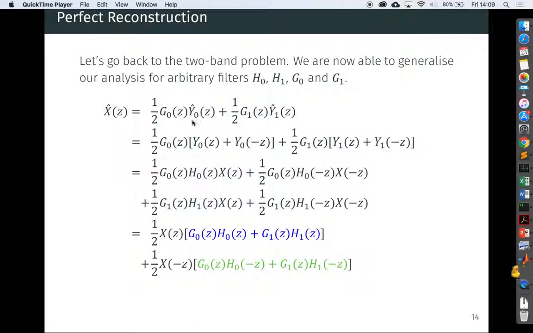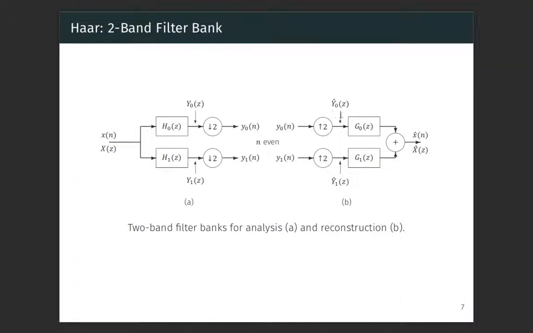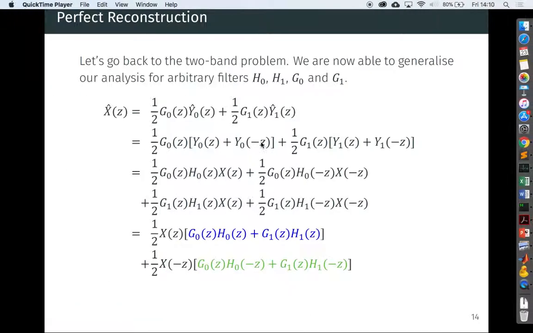And then remember, to go from y0, so we have y0 hat, and we have y0 here, and you have this subsampling, upsampling part in between. And we know what the effect of that is. We know that the relationship between y0 and y0 hat is just this. You need to add this term of replication here.